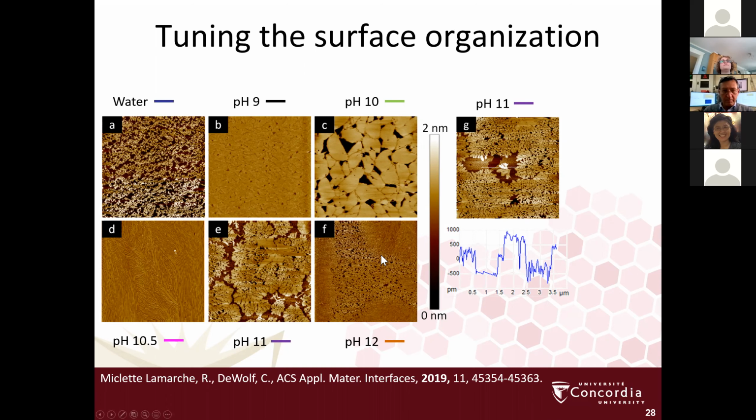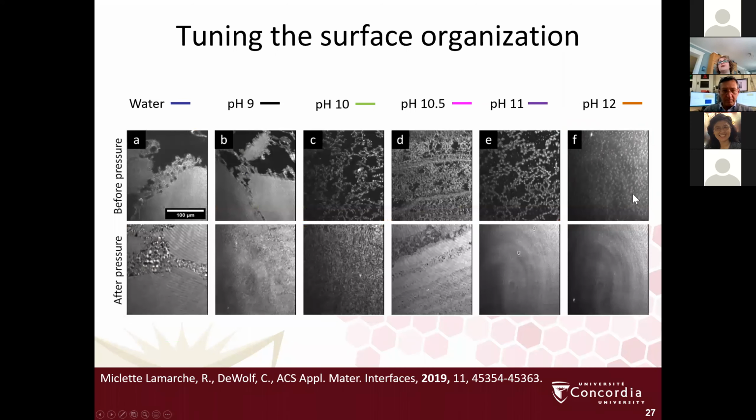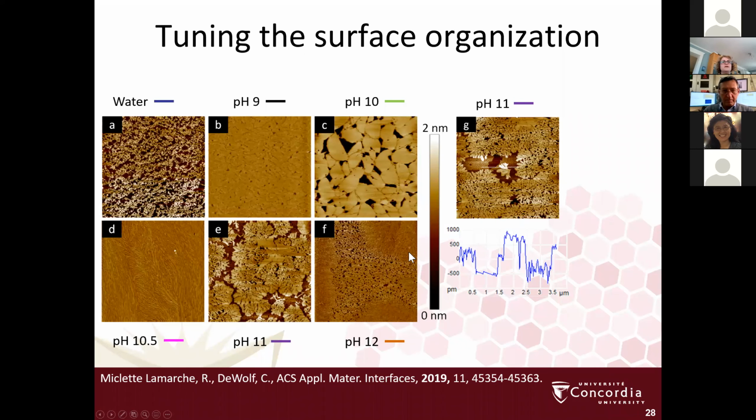As we go up to pH 11 and 12, where we start to, again, induce more deprotonation, we see again that low contrast that we reported for pH 12. That is actually because we have these domains with interstitial spaces that are full of nanoscale domains and fingered connections between the domains.